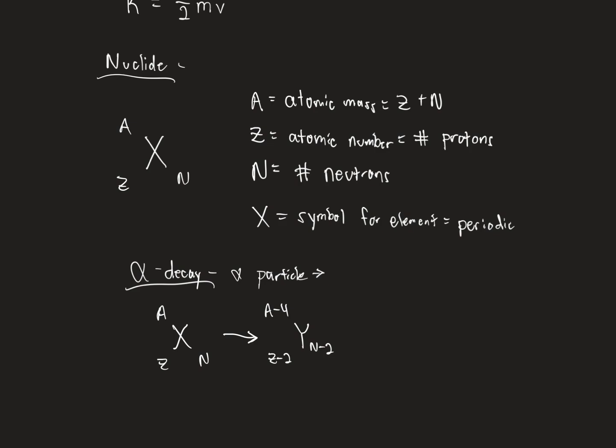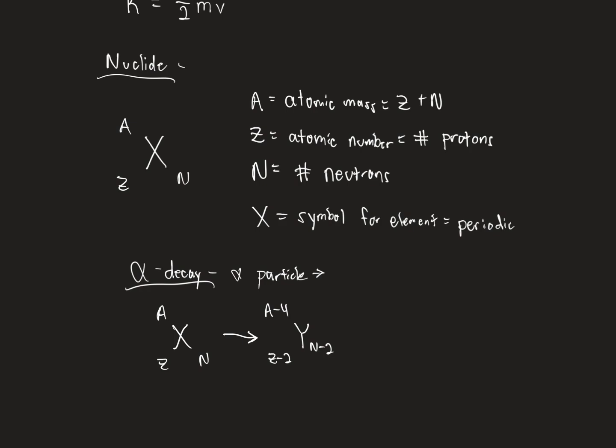So let's say X is carbon. What's the atomic number of carbon? Carbon is 6. Okay. So then, what would our new Z be if we do alpha decay? If X is 6 for carbon, what does this become? 4.